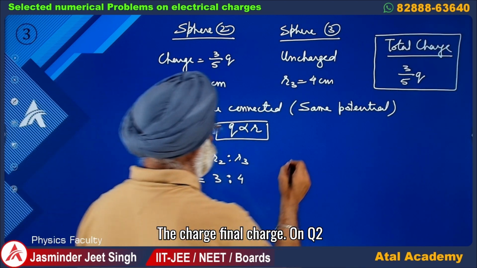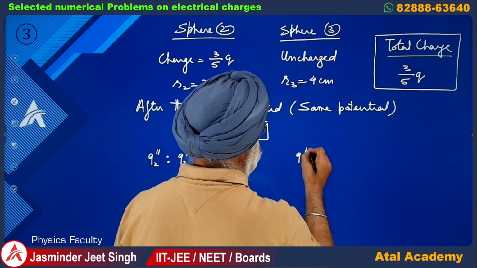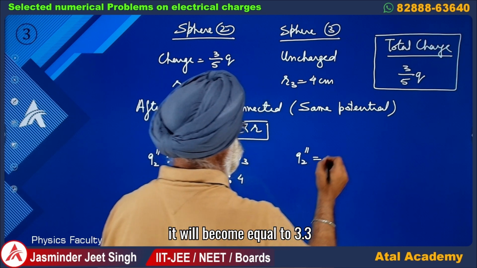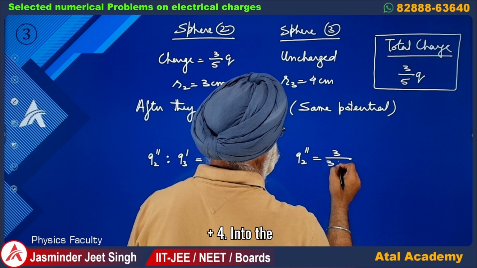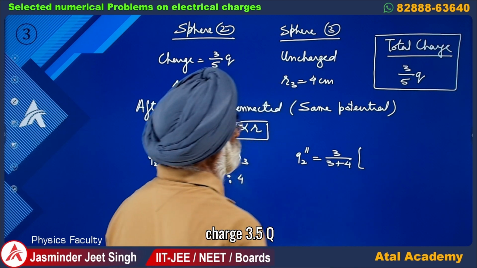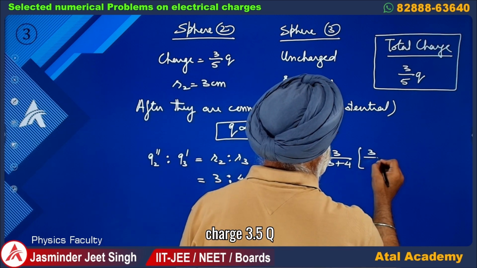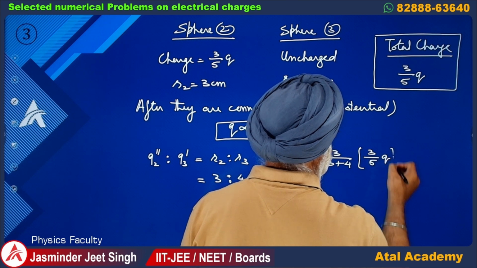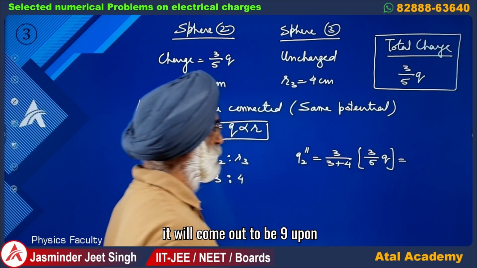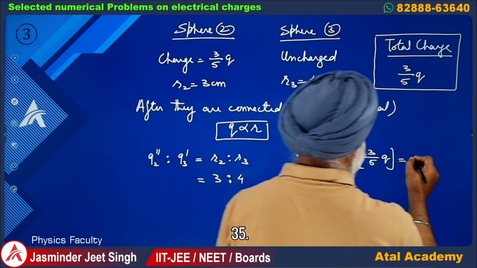The final charge on sphere 2 will be 3 upon 3 plus 4 into 3 upon 5 q. It will come out to be 9 upon 35 q.